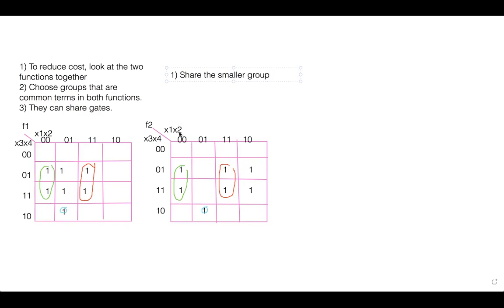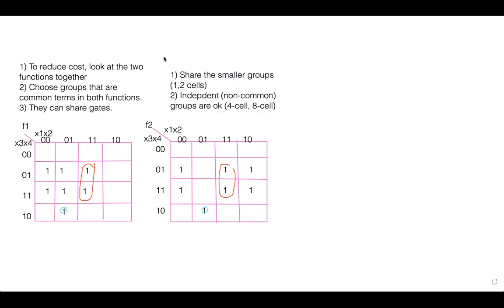Since this is a 4 variable map, our small groups will be 1 or 2 cell, and independent groups, which are non-common between the two, are okay. And this is 4 cell or 8 cell. So the reason I didn't group these two green ones together is, watch.